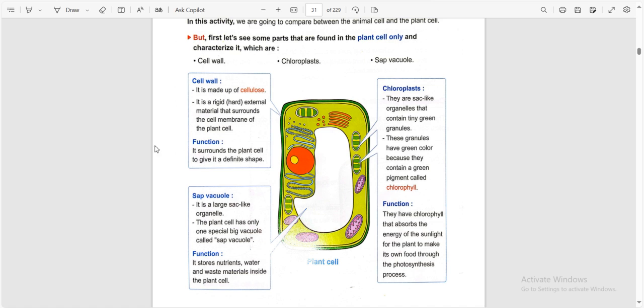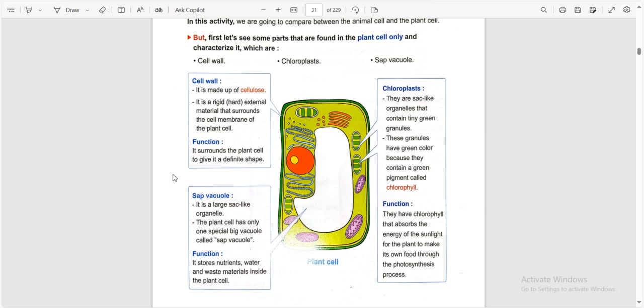The first is the cell wall, which exists only in the plant cell, and it's a wall made up of cellulose, which is a kind of sugar, as we said. And it's a rigid or hard external material that surrounds the plant cell. Why? To give the plant cell a definite shape.